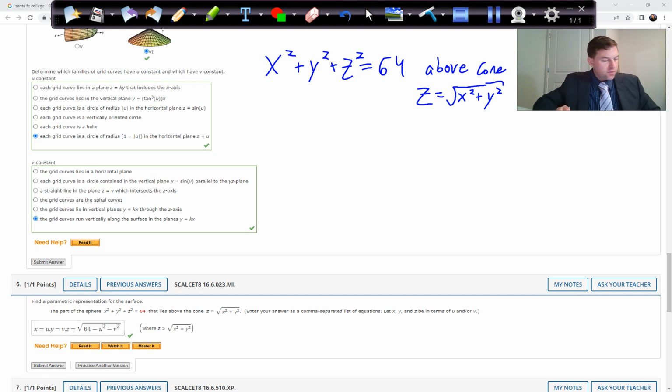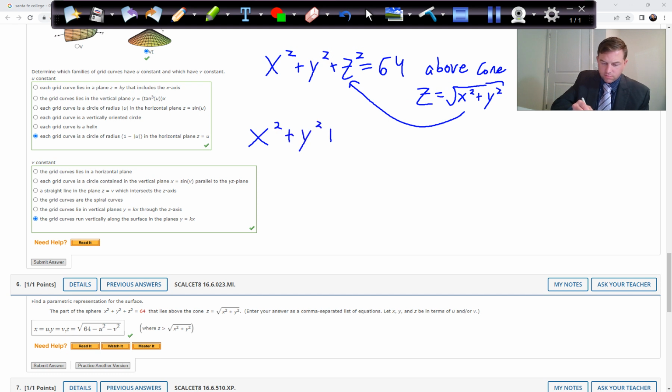Well, the first thing we're going to do is substitute this in for z. So we're going to get x squared plus y squared plus the square root of x squared plus y squared, squared, equals 64. When we square that square root, it's just going to be x squared plus y squared.